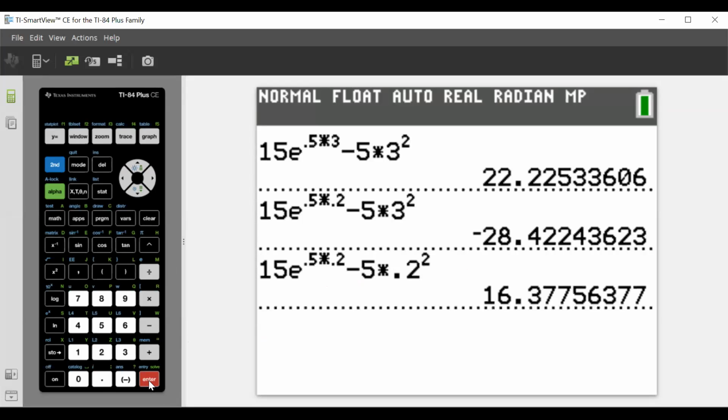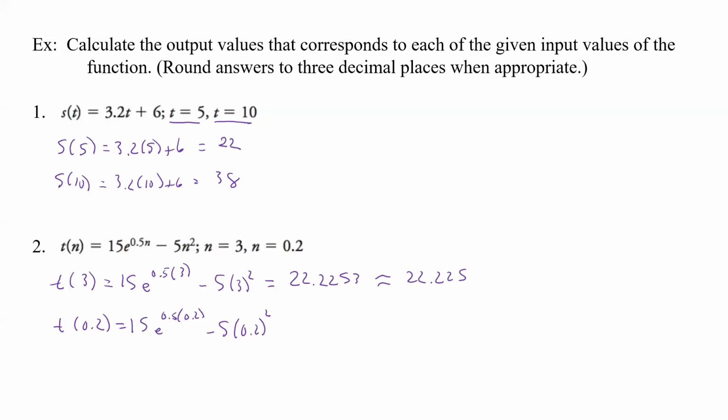All right, so it's actually going to be 16.37756. And so let's write that down. Good thing I noticed that writing it here. And so we get 16.37, and then this extra 7 was going to make the 5 round up, and so that's going to give us 16.378.